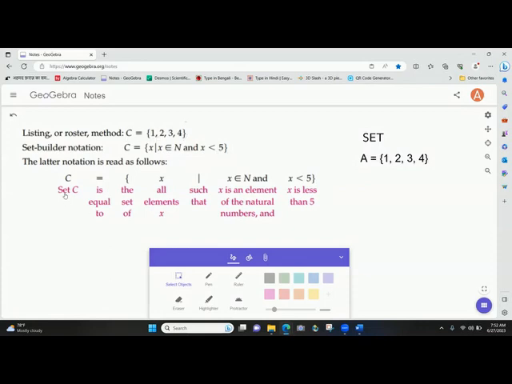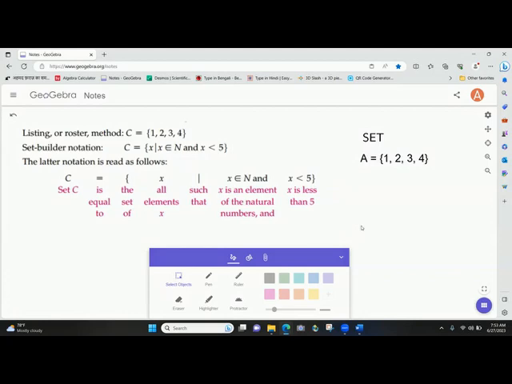How is it read? Set C is equal to the set of all elements x such that, this vertical line is read as such that, x is an element of the natural numbers and x is less than 5. The only thing you have to really pay attention to with this vertical line is that it means such that. Some people put a colon, but we're going to stick to our vertical lines here because that's what the text is using.